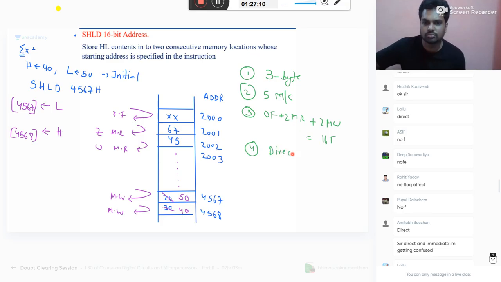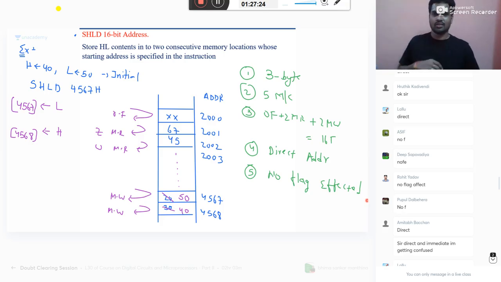Very good. And no flags affected. Just wait, two more instructions, then we can affect all the flags. So this is also done.